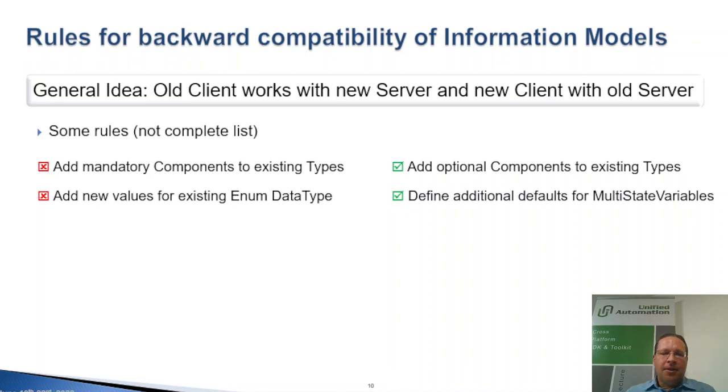You're not allowed to add new entries to an enum data type, because the client is relying on those being exactly the values it can expect, and if a new server adds more, then this client runs into issues. But we have another mechanism which we call multi-state variables, where it's not a data type, but each instance defines its own values, and there the client is expected to always look into that, so this can be used to extend it.